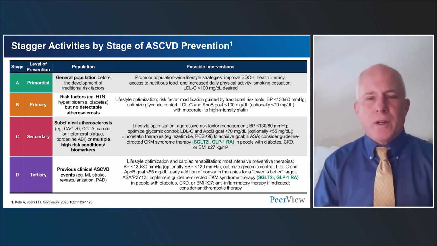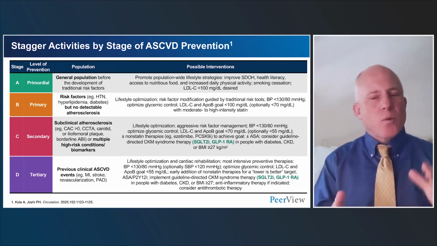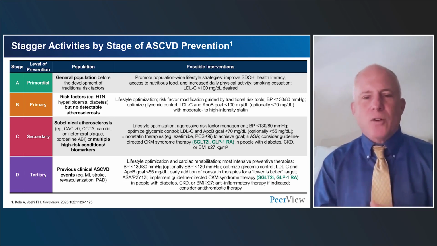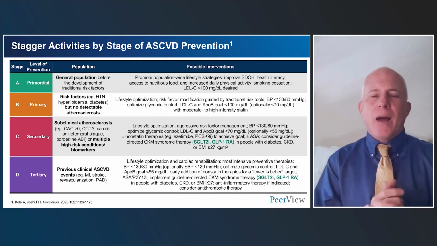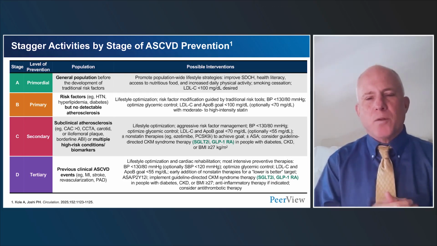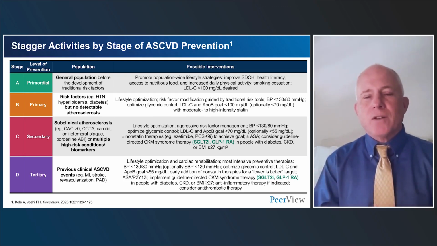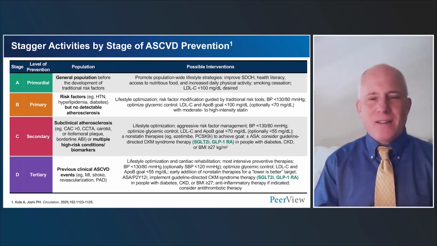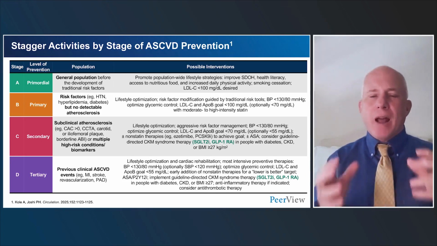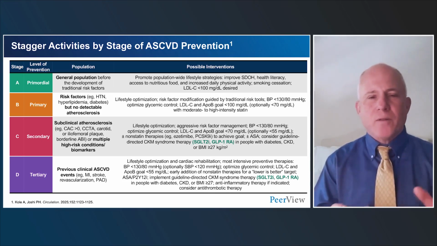Let's make sure that we're doing guideline-directed medical therapy. We're getting to those very aggressive LDL goals, blood pressure goals that are reaching target, glucose goals that are reaching target, and we're maximizing those therapies with proven benefit, particularly those things such as SGLT2 inhibitors, GLP-1 receptor agonists, statins, aspirin therapy as needed, and really making sure that we're doing comprehensive team-based care.